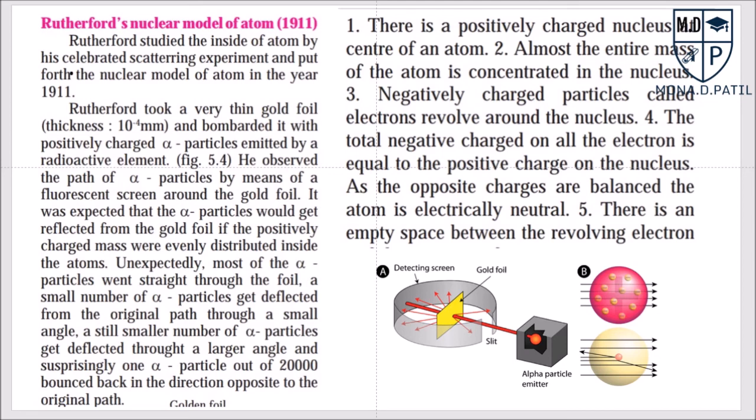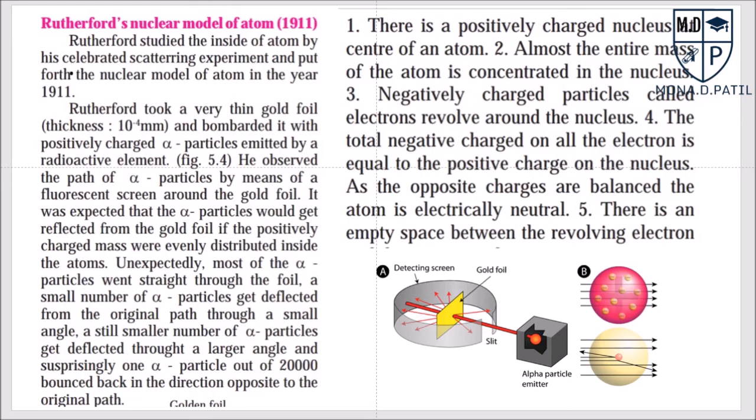You can imagine how small the thickness of one page is. If we divide this thickness into 10,000 times, this much thin was the foil he used for the experiment, and bombarded it with positively charged alpha particles emitted by radioactive elements.